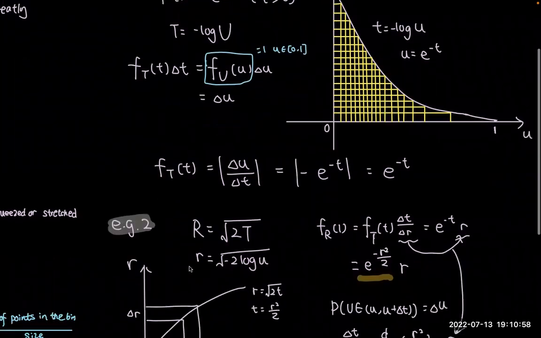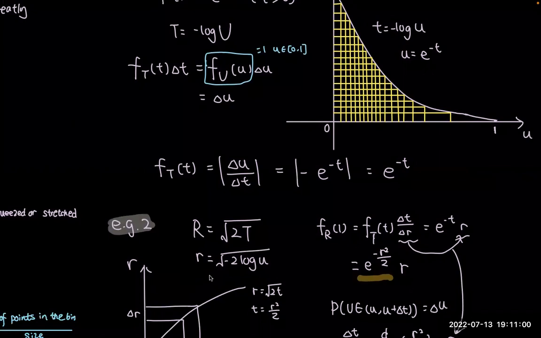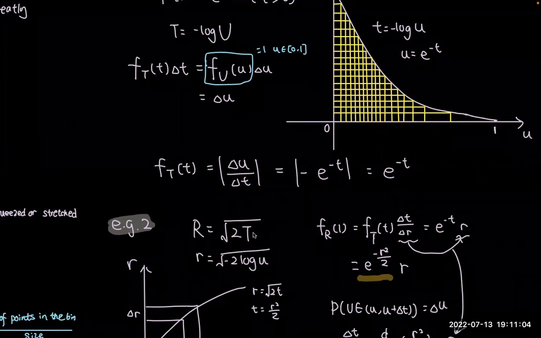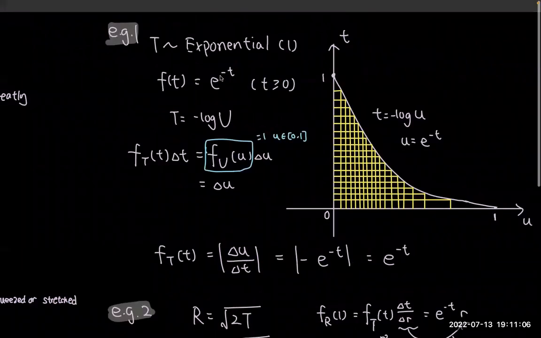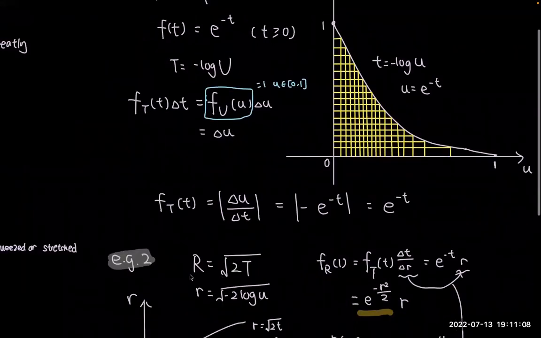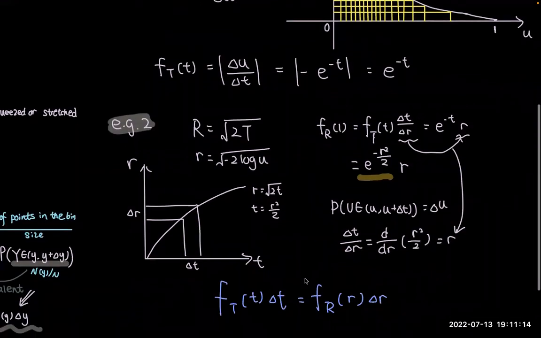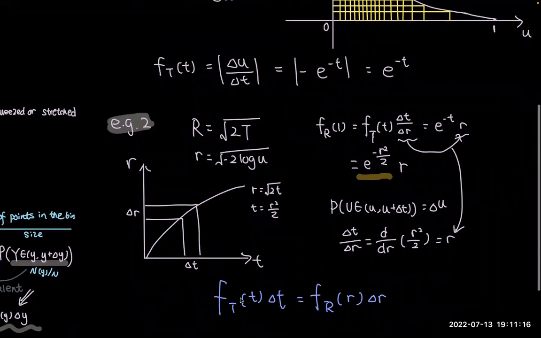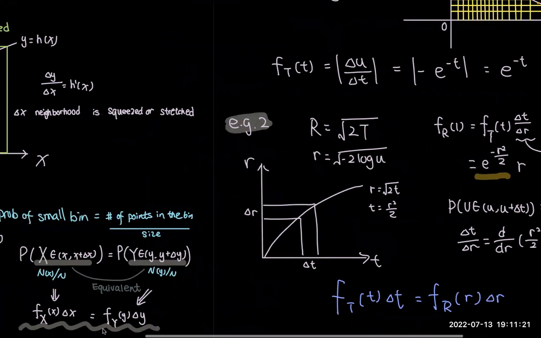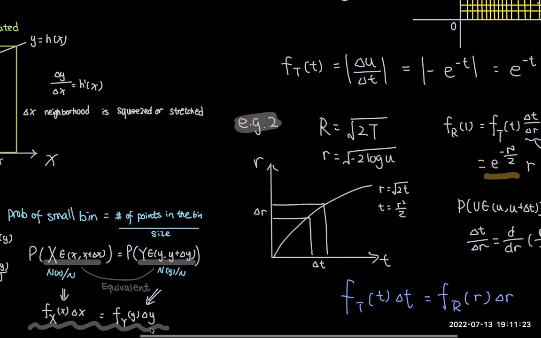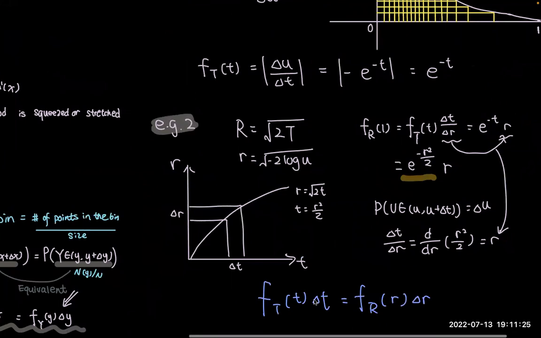We get this transformation. So under this transformation, we want to know what's the density of R. Suppose we know the density of T, which is here. This is the density of T, and we want to know the density of R. Based on this identity, again the same as the identity before, except that we change the notation, we still have f_T delta t equal to f_R of small r times delta r.